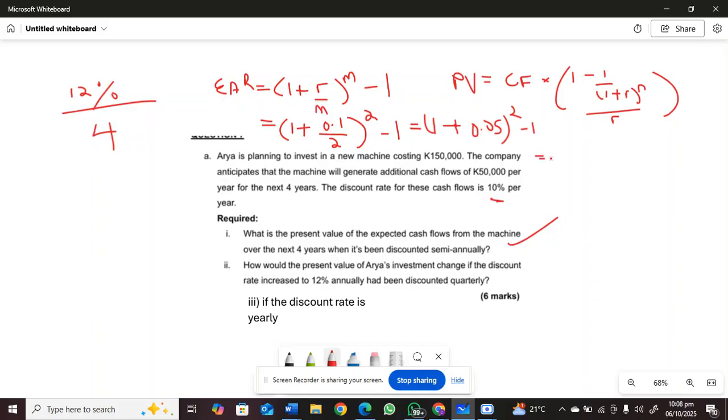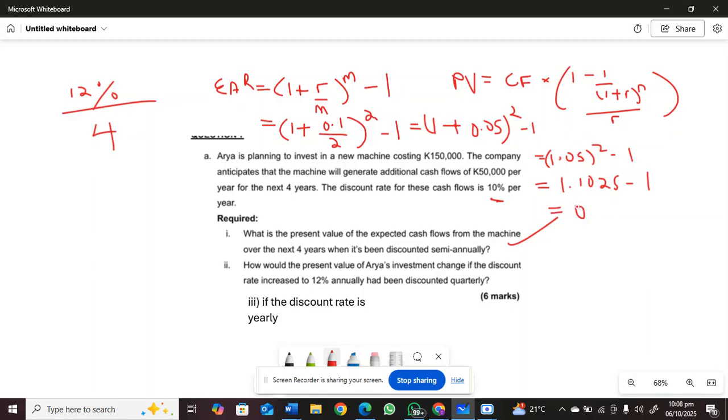Then you get 1.05 to the power 2 minus 1. You get 1.1025 minus 1.